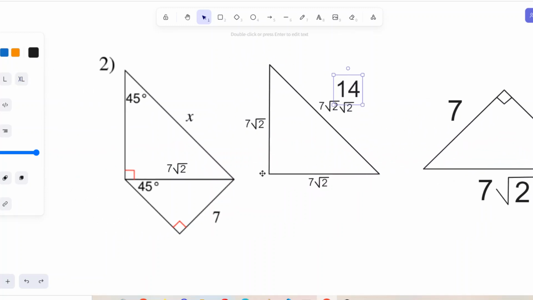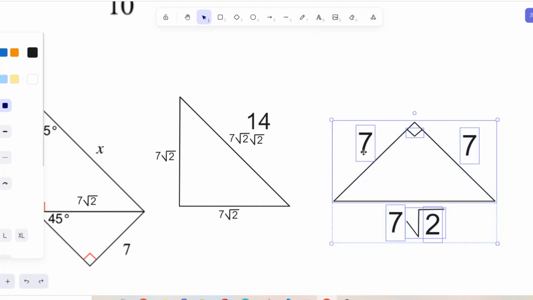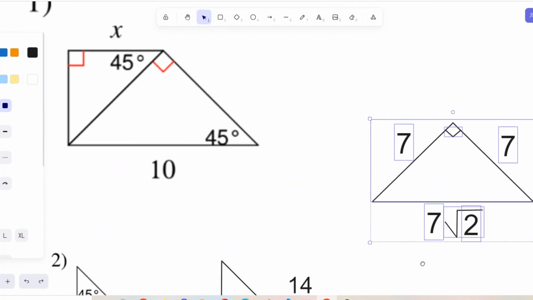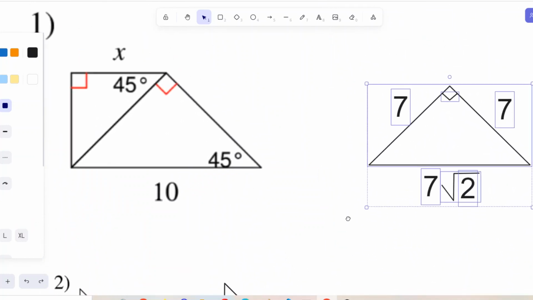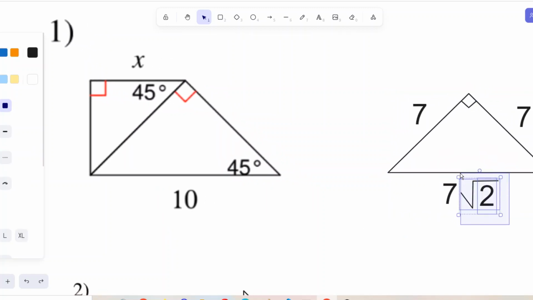Okay, so number 2 is a little bit simpler, because you're given the side length. When you're given the side length, it's easier to go to this situation. Number 1, you're given the hypotenuse, and it doesn't involve square root of 2. If this was like 10 square root of 2, then it would be pretty simple.